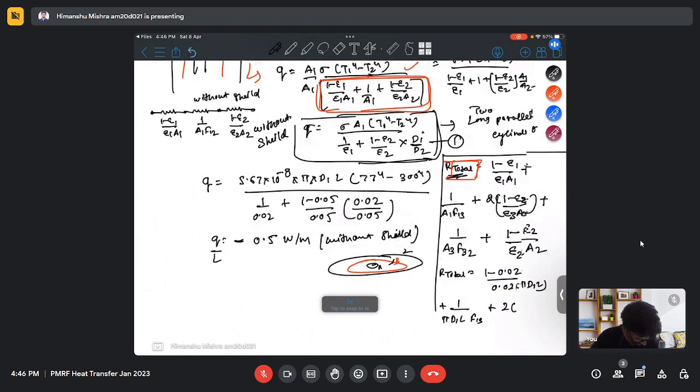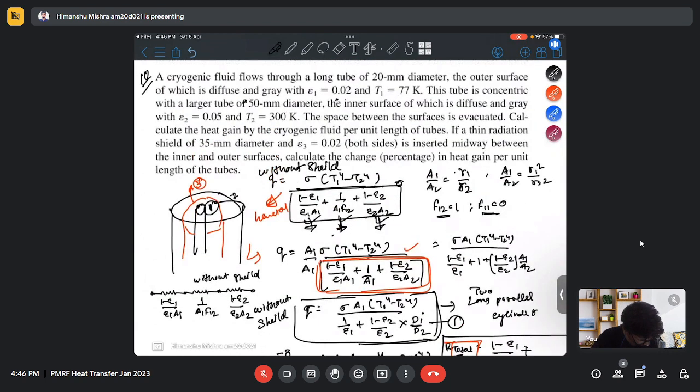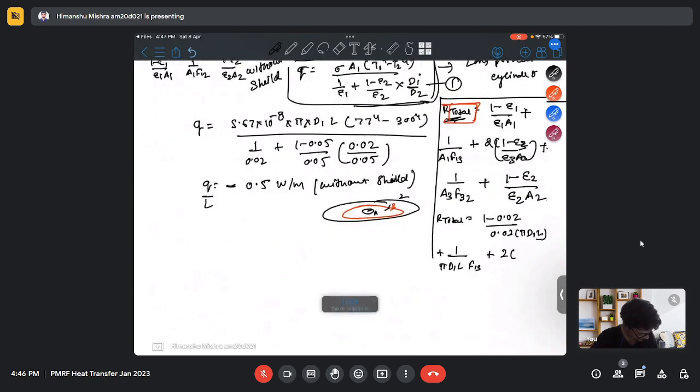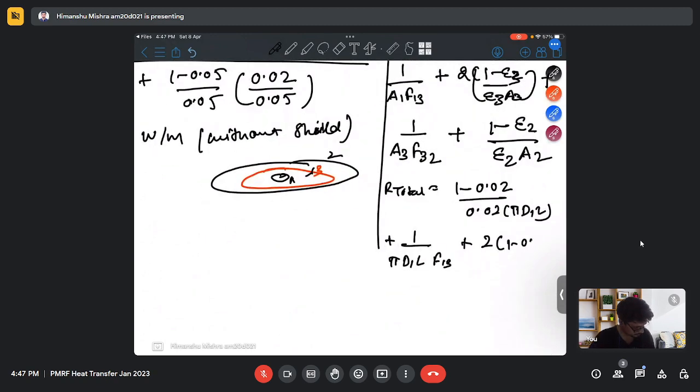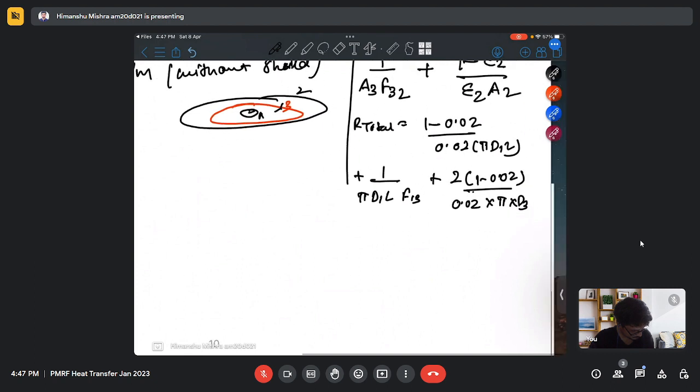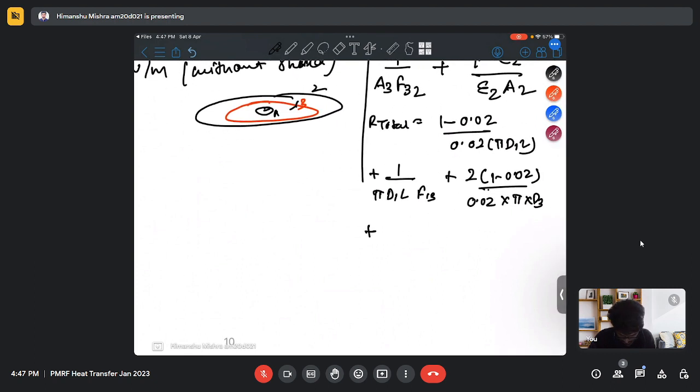My emissivity of shield is 0.02, and this is my emissivity 2.